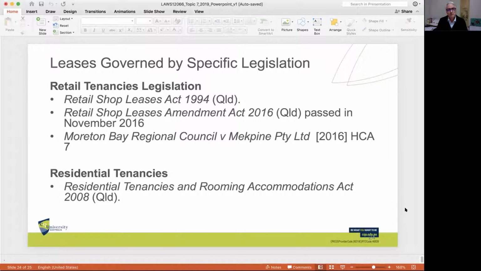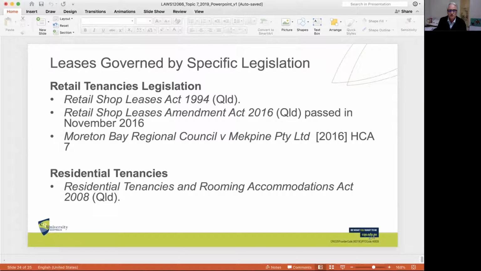Right, so from there, we just finish up by creating an awareness. That's all we can do in the context of this unit, of these areas that, as I mentioned at the outset, are governed by specific legislation. We have retail tenancies legislation, retail shop leases legislation, and residential tenancies legislation.